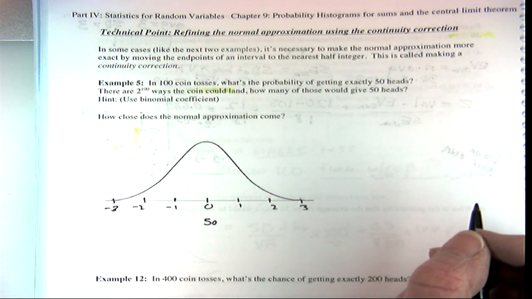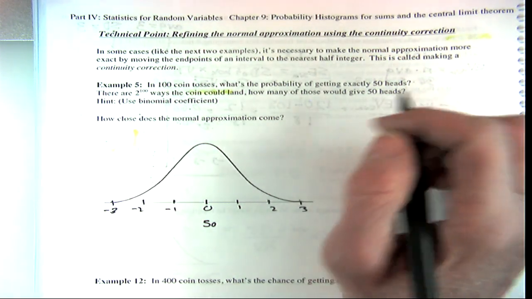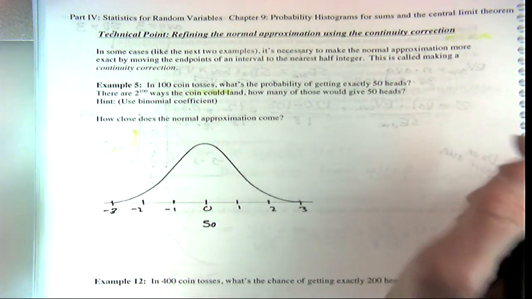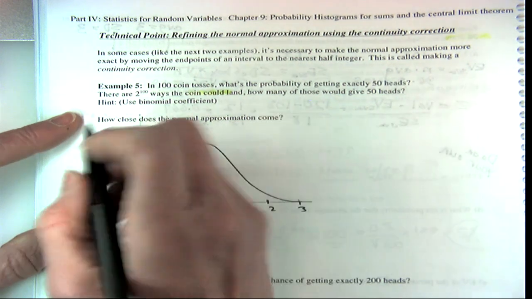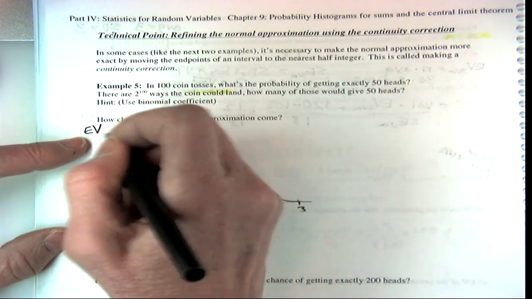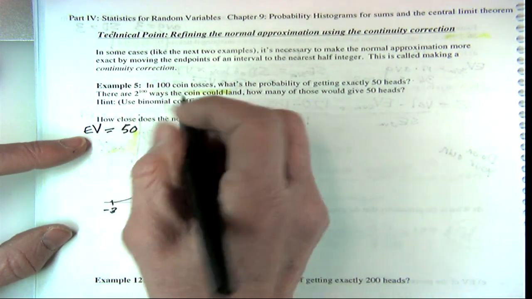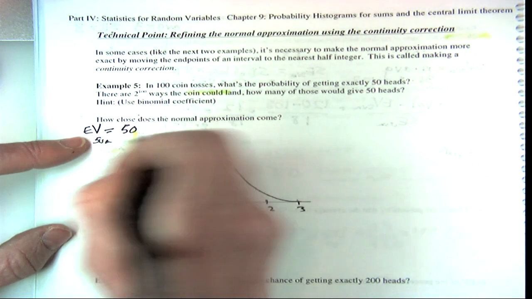If we were going to do the normal approximation, we'd have to get the expected value, right? And that's going to be 50 for the sum. It's n times the average of the box.